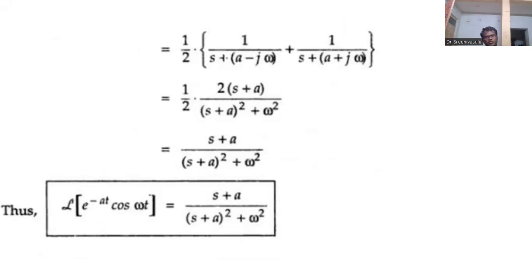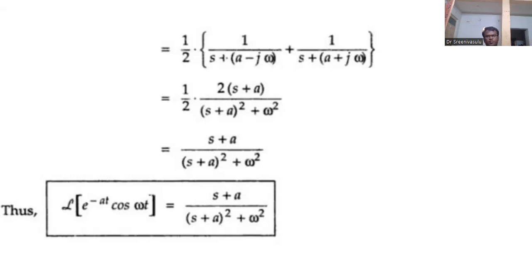Now you look at S equal to minus a and you draw the ROC, with minus a on the real part and j omega on the imaginary part. And similarly the second root is also complex. Again it is S equal to minus a minus j omega. You look at these two poles, because the ROC does not contain any pole, you keep that in mind.